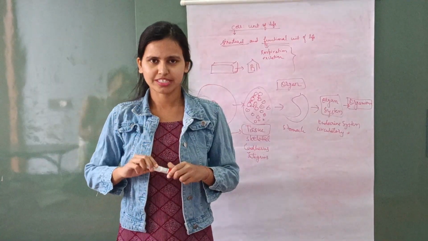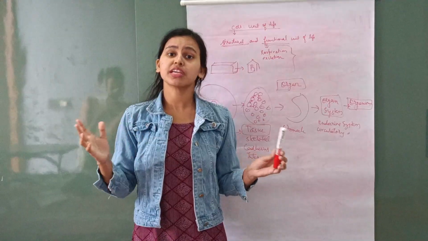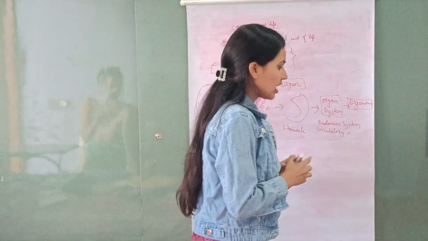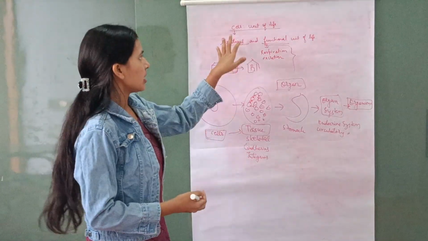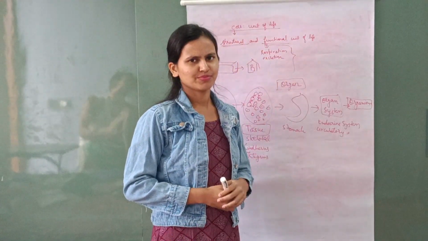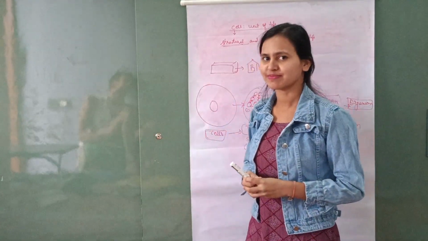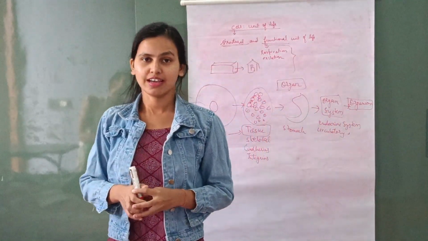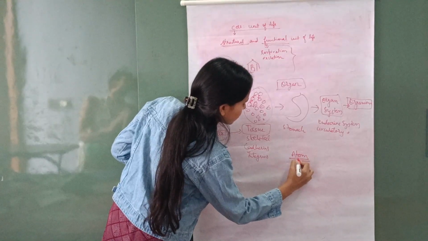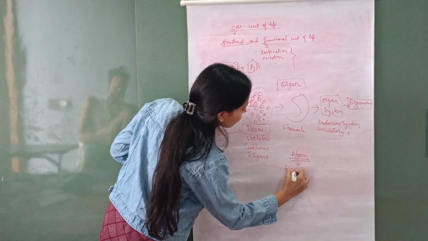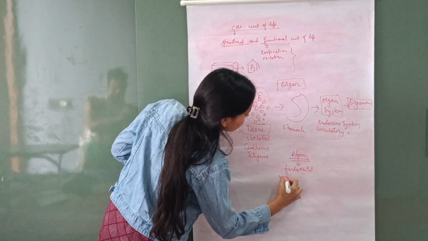Let me confuse you a bit. Can you tell me the difference between an atom and a cell? In physics and chemistry, we read that atom is a fundamental unit of matter. And now I am saying that cell is a fundamental unit of life. So what is the difference? Are atom and cell both the same or different? Atom is a fundamental unit of matter.